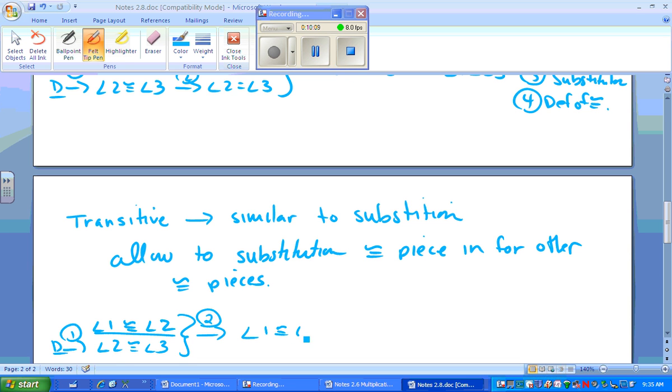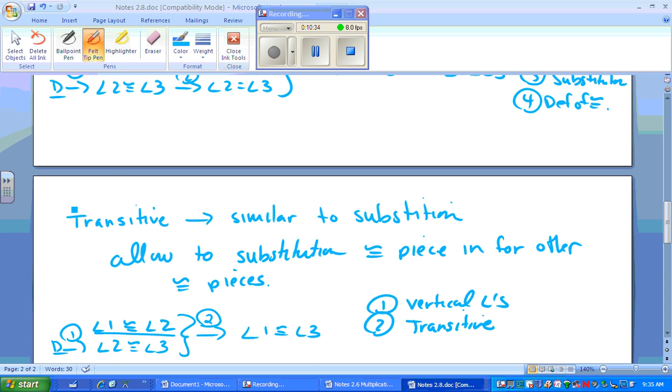Angle 1 is congruent to angle 3 because these are the same angle here. So it's that idea of substitution, but you're not going to call it substitution. Reason 1 would have been the vertical angles, and then reason 2 is going to be your transitive property.